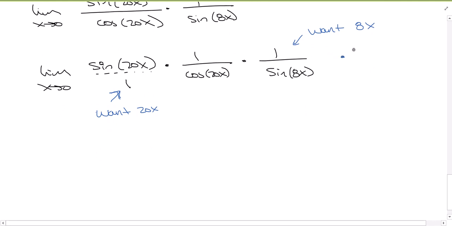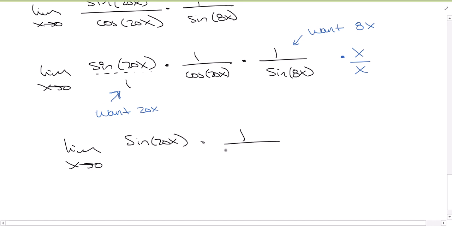So what I'm saying is multiply top and bottom by x, and so when we multiply that, I'm going to have the limit as x goes to 0 of, I'm going to leave that as sine of 20x times 1 over cosine of 20x times, now I have x over x, right? Again, this is equal to 1.